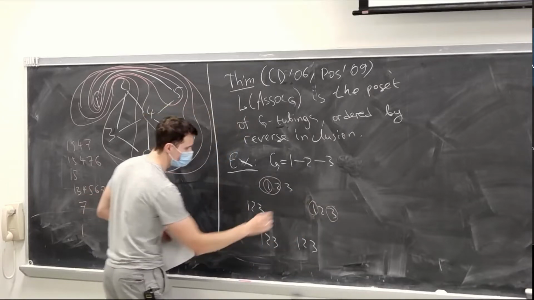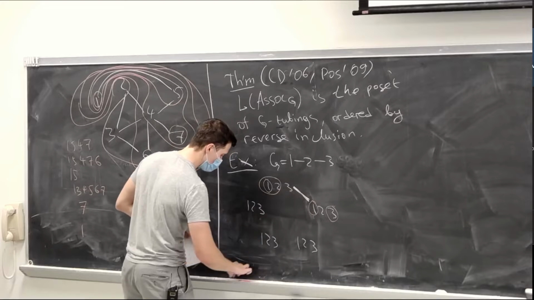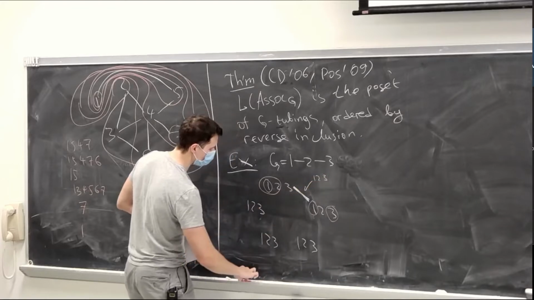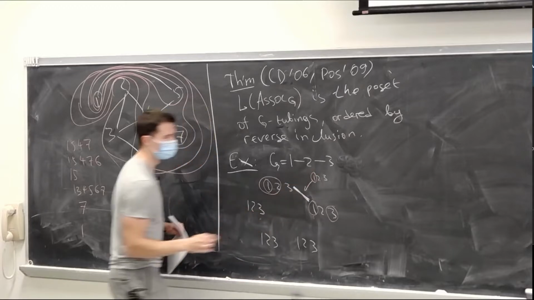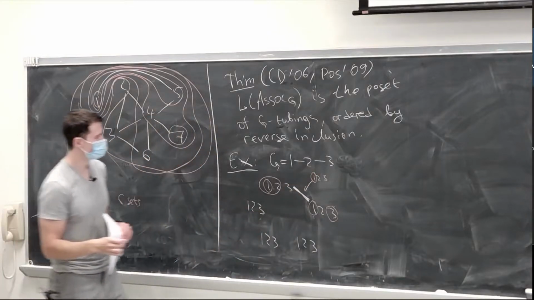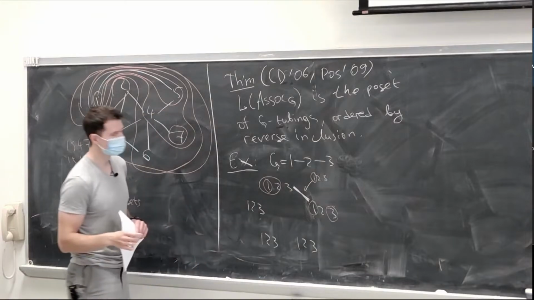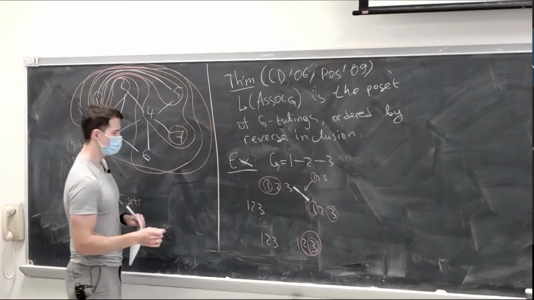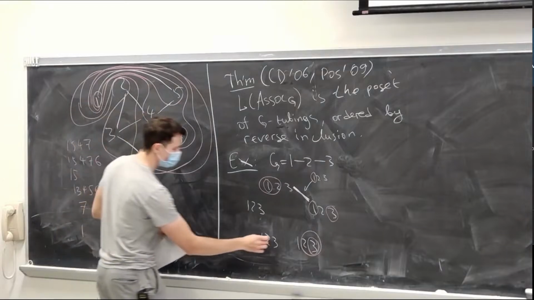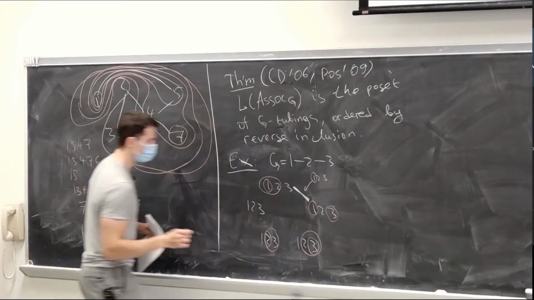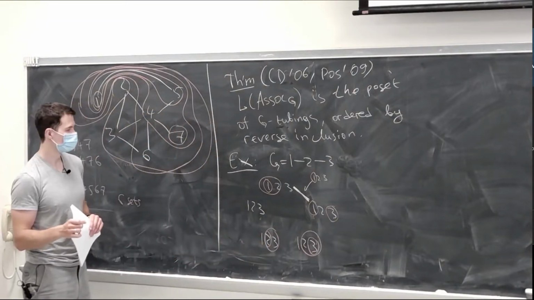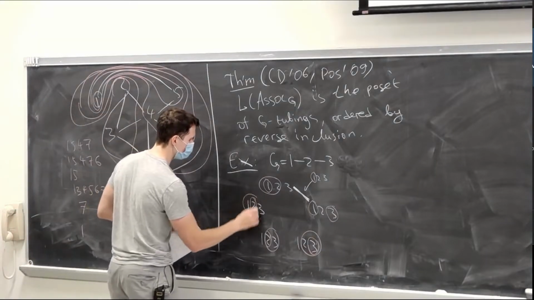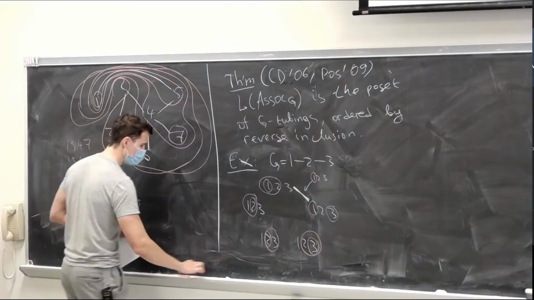So there is an edge here, which corresponds to just the tubing 1. What's the next one? 3 to 3. What's the next one? 2 to 3. 2 to 1. Nice. So we do get a pentagon. That's pretty cool.